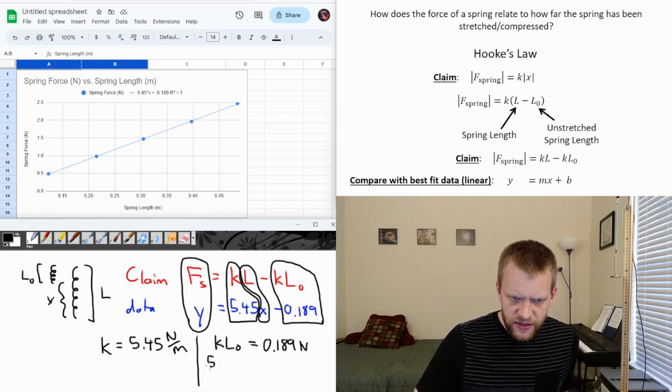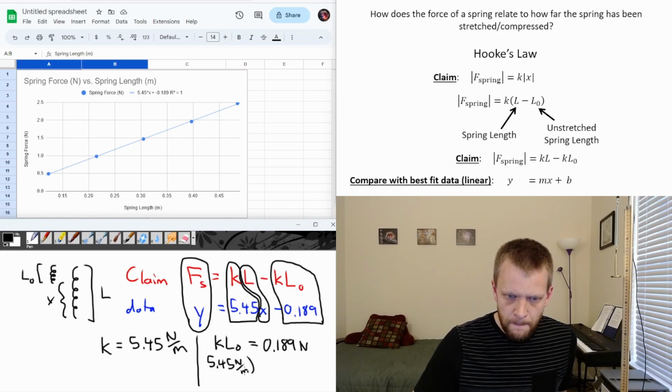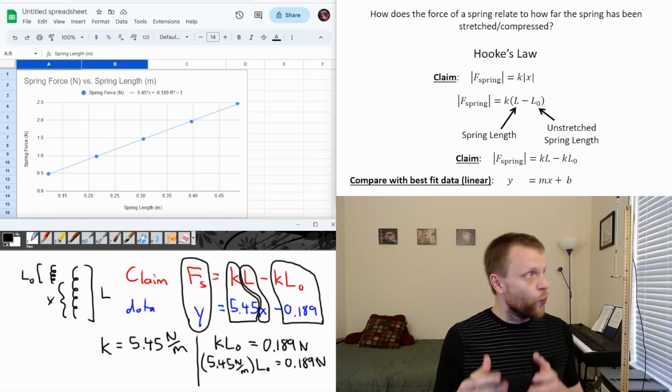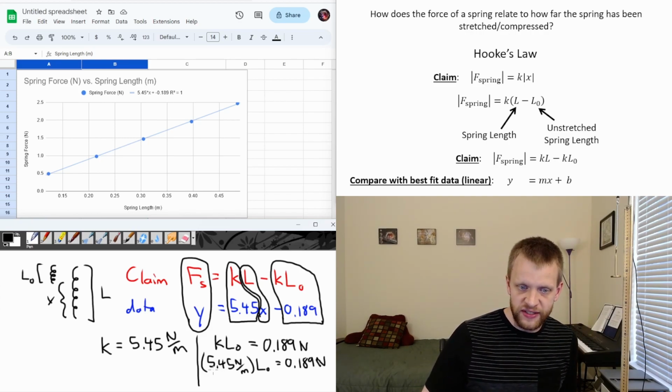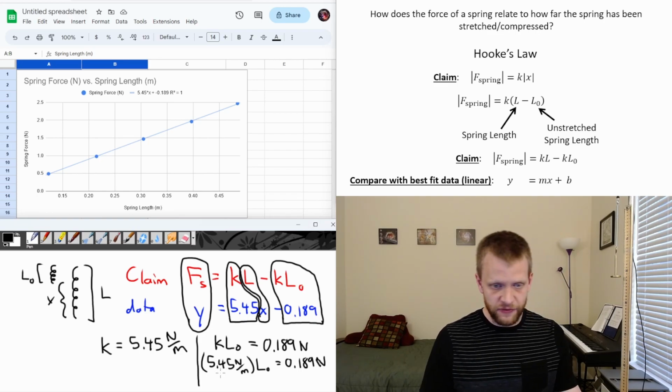Well, if k is 5.45 newtons per meter, we've got the spring constant times the unstretched length of the spring equals 0.189 newtons. If I want to figure out what the unstretched length of this spring is, I can divide both sides by this 5.45. So let's quickly do that.